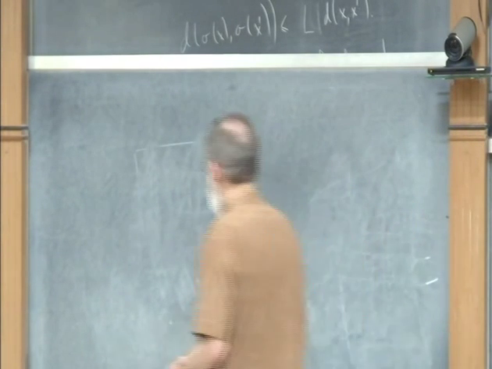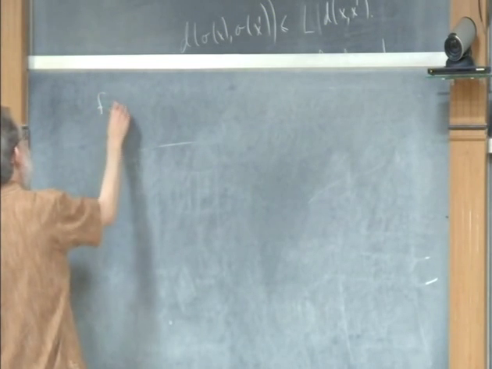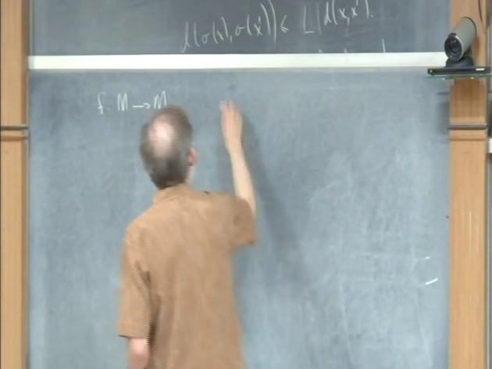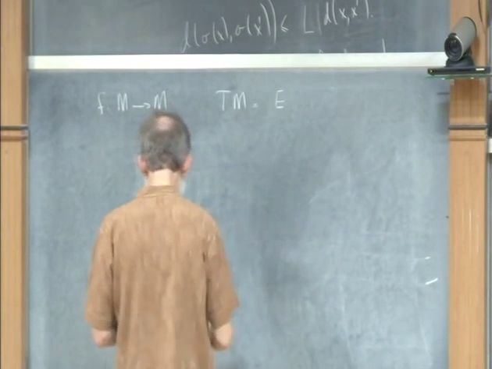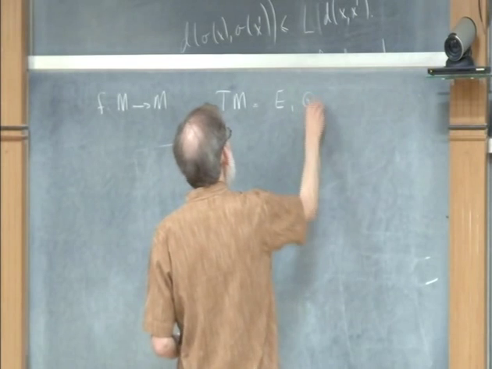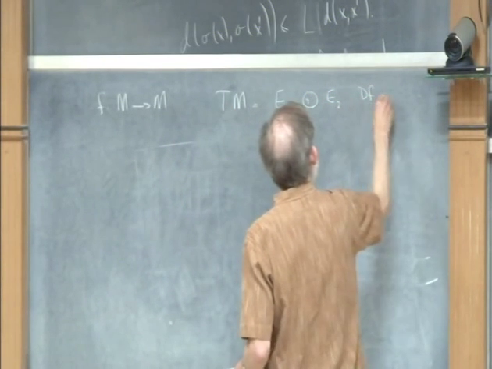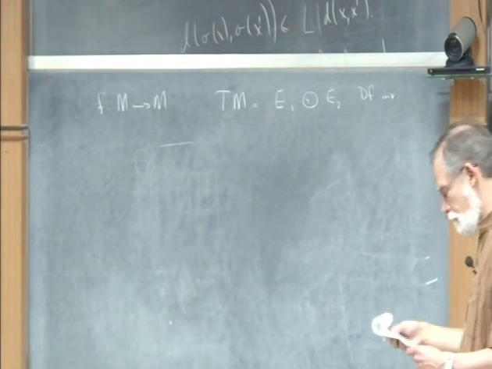So suppose we have a diffeomorphism and we have Tn is E1 plus E2. We have an invariant splitting.